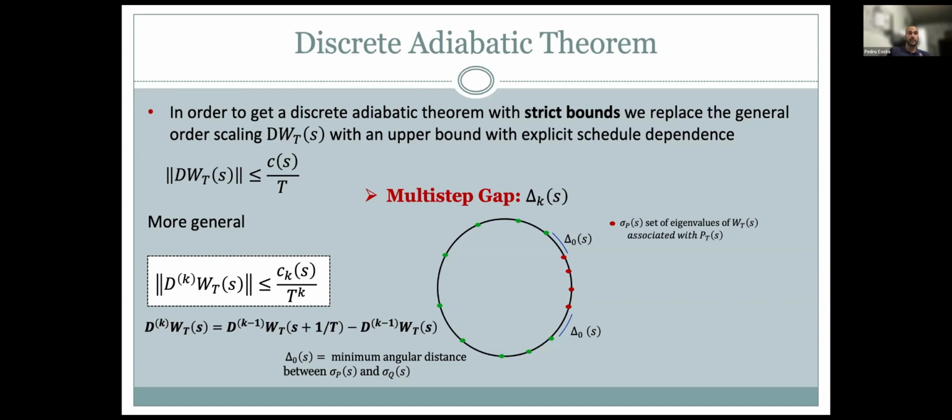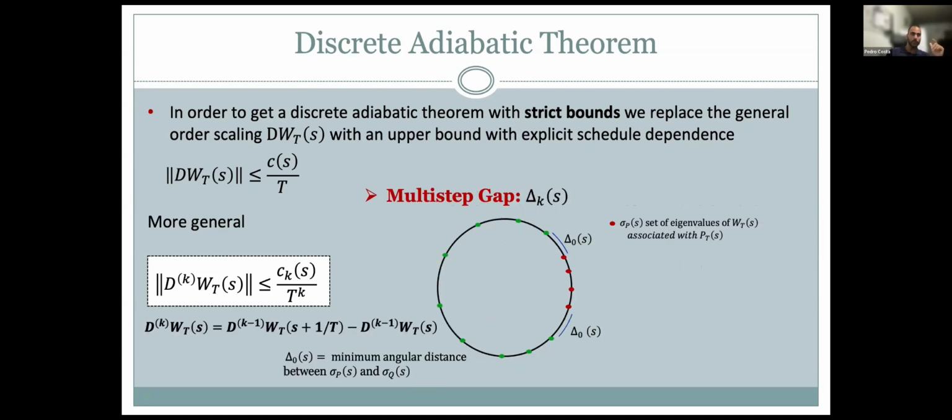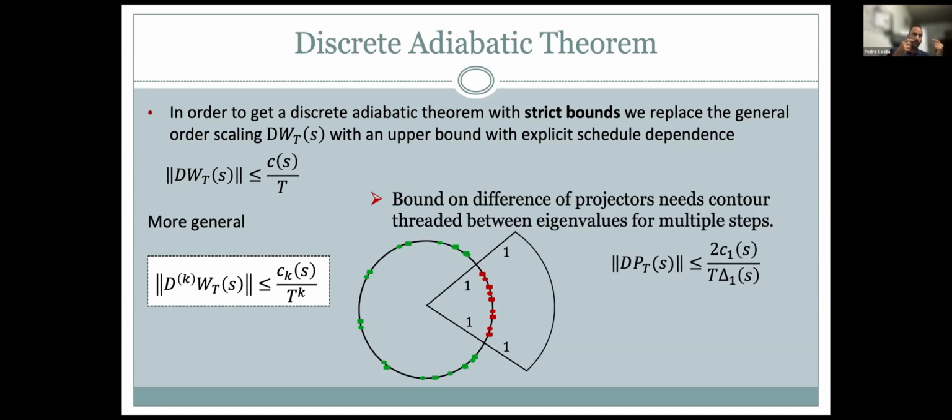When you express the projection this way, you get the information about the gaps, in our case the arc distance on the entire circle. And in our approach, considering high orders, you have this multi-step gap. So you also have the gaps for when you go to one difference of the walk or the second difference of the walk.